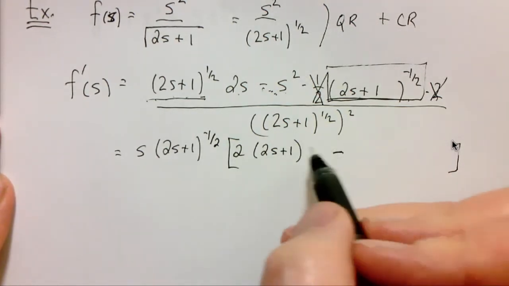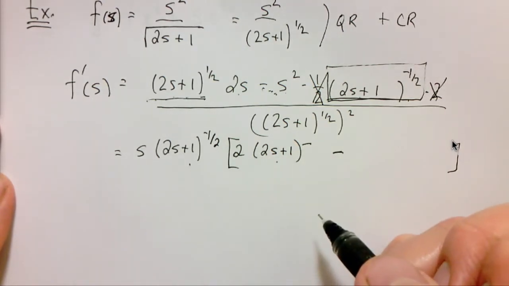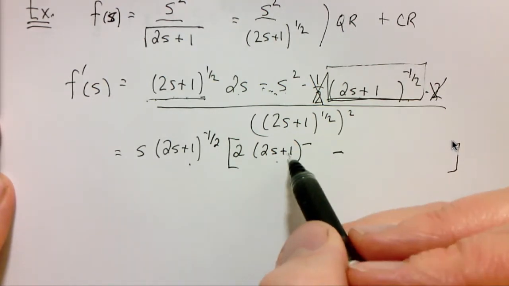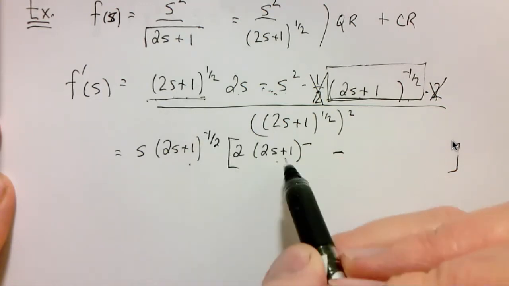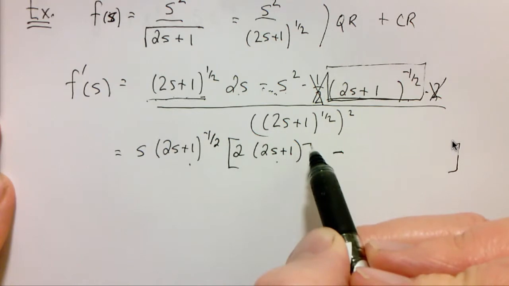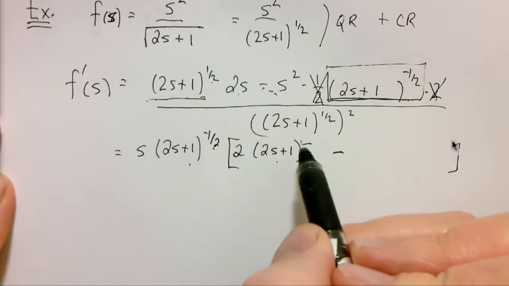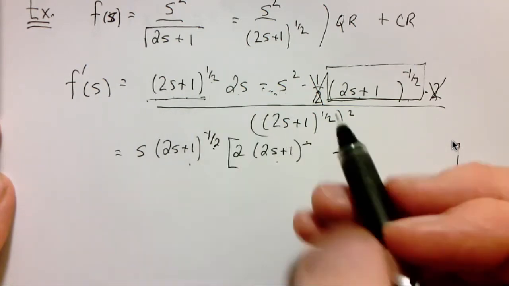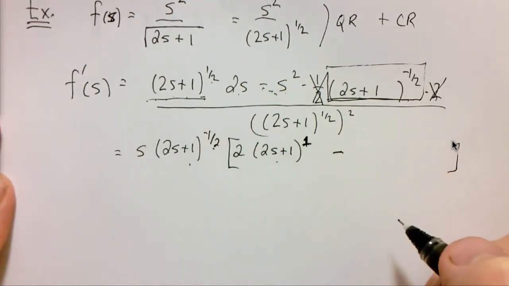Well, what you need to think about is if I multiply these two terms back together, I'm supposed to get 2s plus 1 to the 1/2. If I multiply these things together, I'm going to add the exponents, and I need that result to come out to be 1/2. So minus 1/2 plus what gives me 1/2? Well, that would be 1. So I'm going to use an exponent of 1 here.